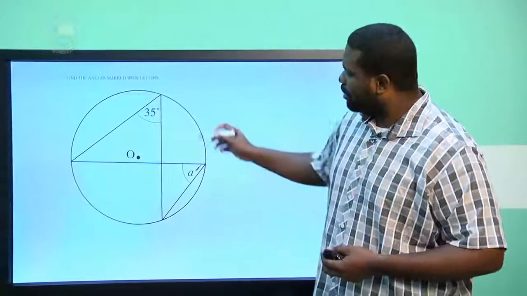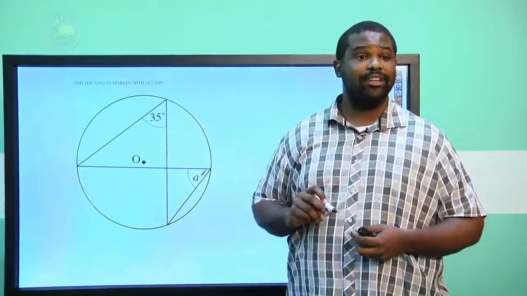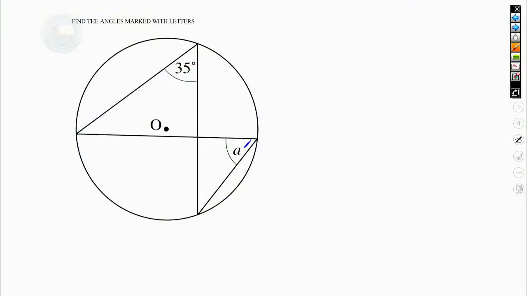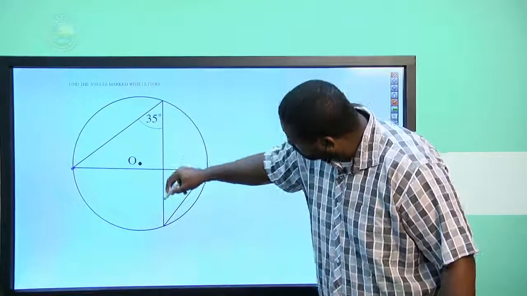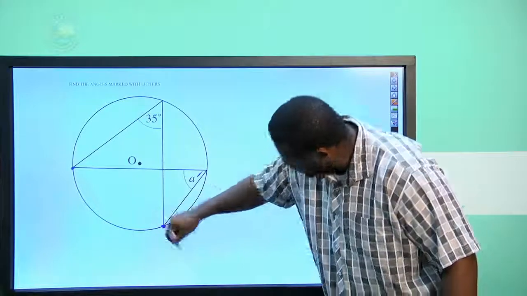So we know that this angle is 35 degrees. Now the question is, what chord is subtending, or what chord is creating this angle? Well, to determine that, we have to trace back the lines. Let us go back to see where does this line come from. Where this line comes from, this point right here. And the other line comes from this point right here.